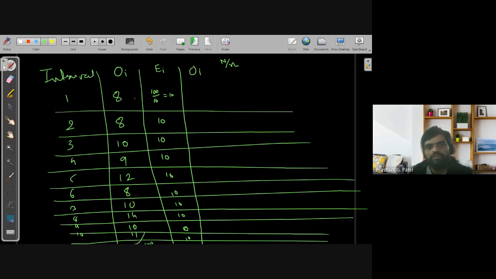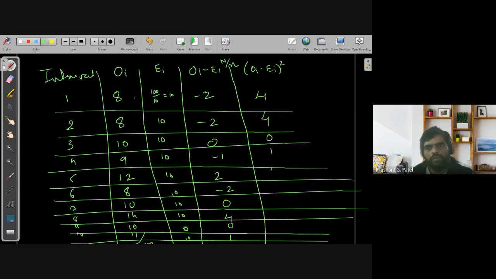Next is OI minus EI, which you can calculate. That is 8 minus 10, minus 2. This is also minus 2. This is 0. This is 1, minus 1. This is 2, minus 2. 0, 4, 0, 1. Then OI minus EI square: it will be 4, 4, 0, 1, 4, 4, 0, 16, 0, 1.